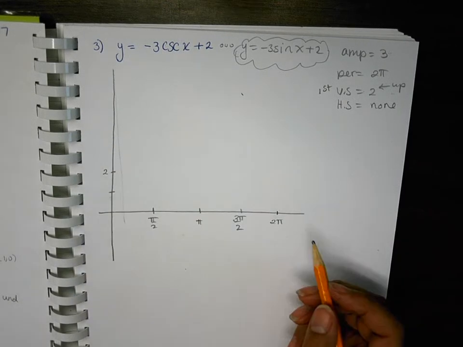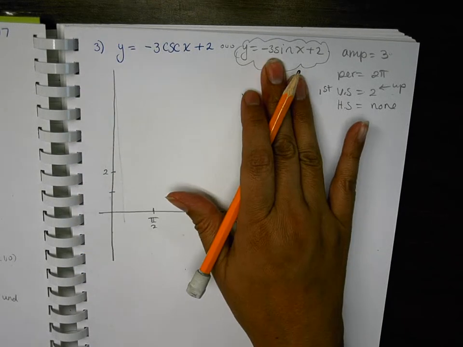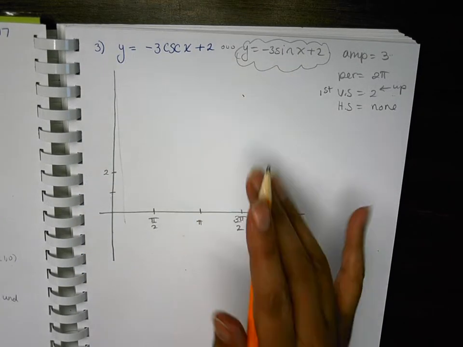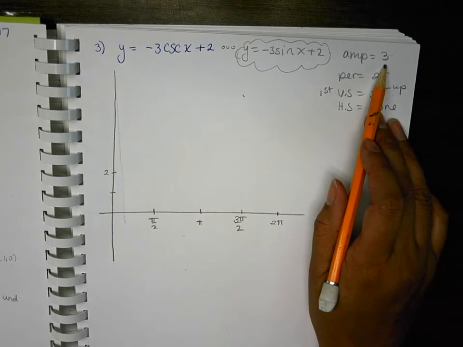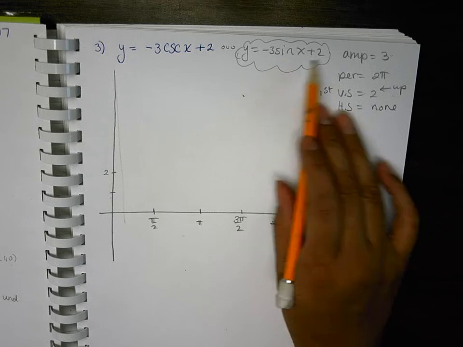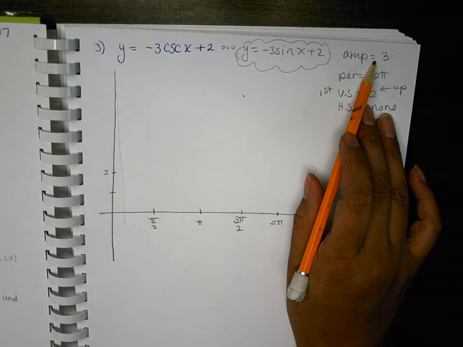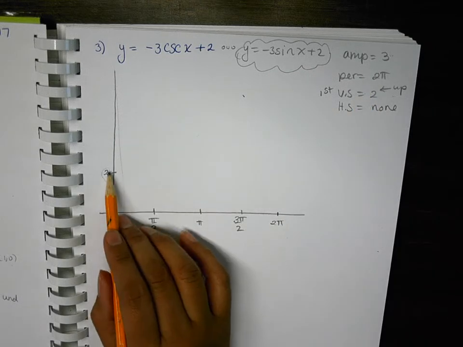Now, without graphing, ignore the cosecant, just the regular sine. Without graphing, if your vertical shift is 2 and your amp is 3, what is going to be your max and your min for the sine graph? 5 and -1. Megan's not here, but she said last time she just takes this 2 and then she adds and subtracts 3.